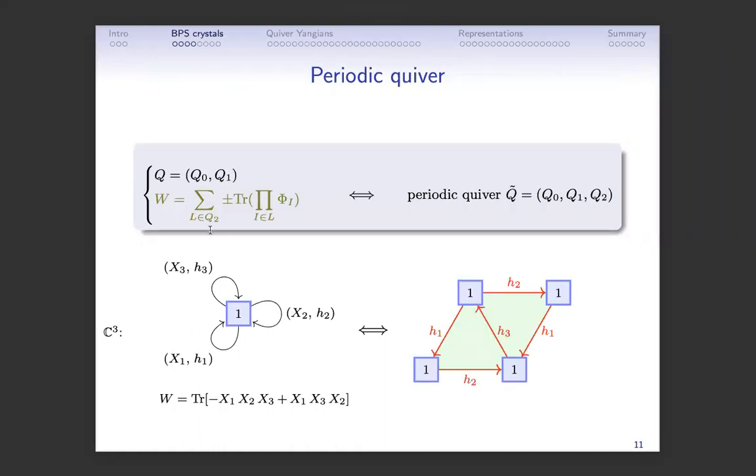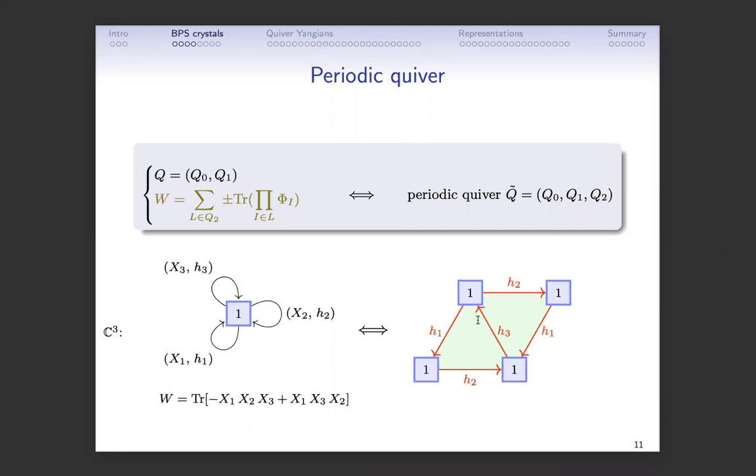The information of the quiver and superpotential can be packaged into a periodic quiver. A periodic quiver means you draw this quiver on T2, and then you look at the fundamental domain. Q2 is the loops, or the faces, in this fundamental domain.